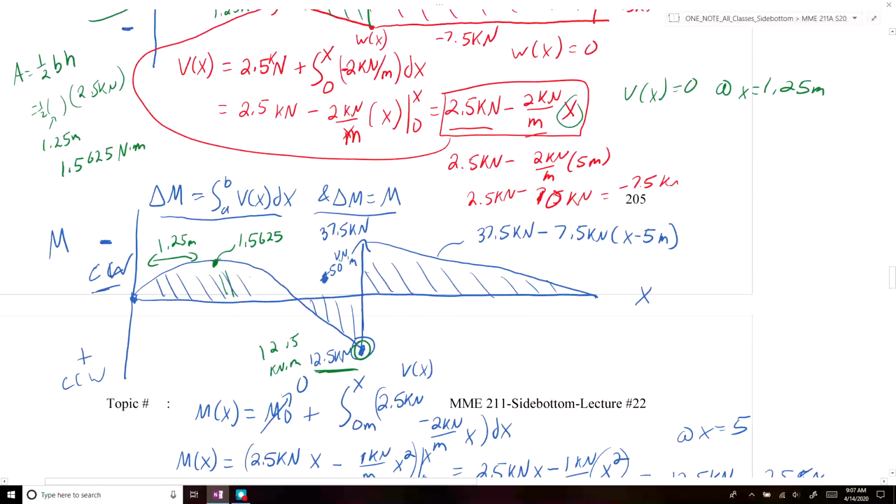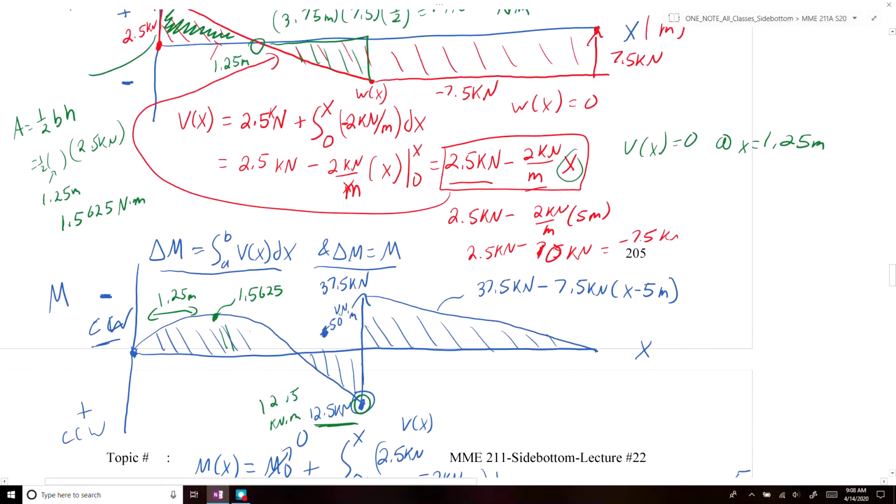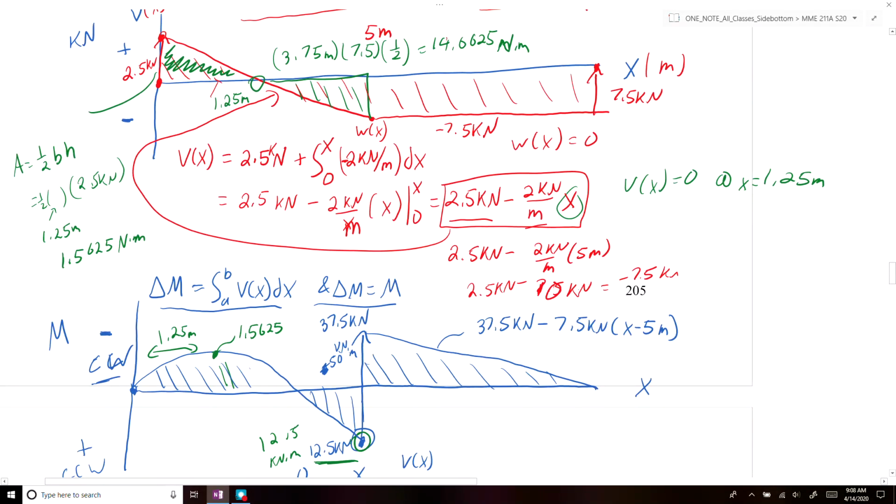All right, and then the last thing we have is we could use the area under this last section here, which is just equal to minus 7.5 kilonewtons times 5 meters.